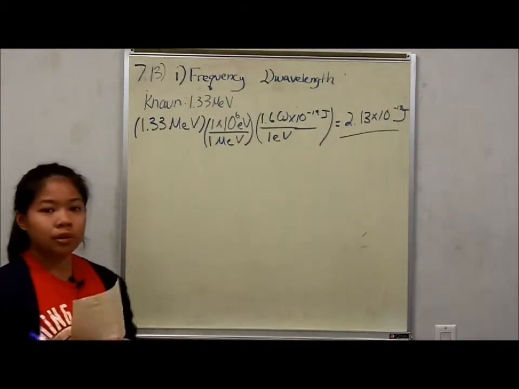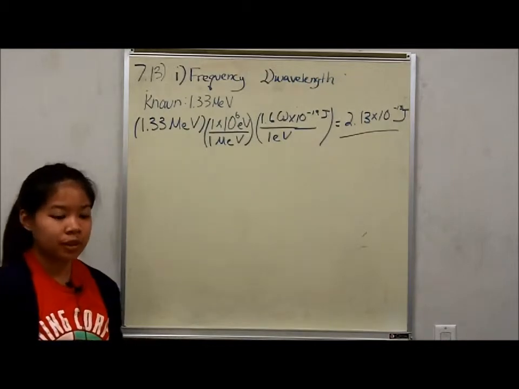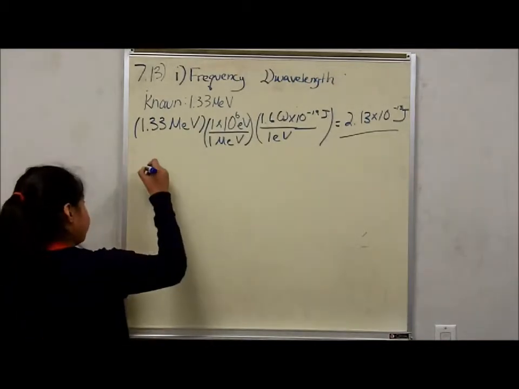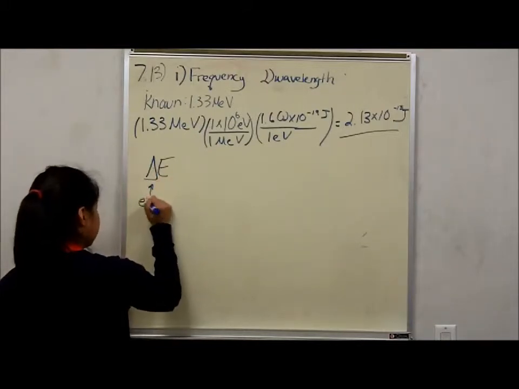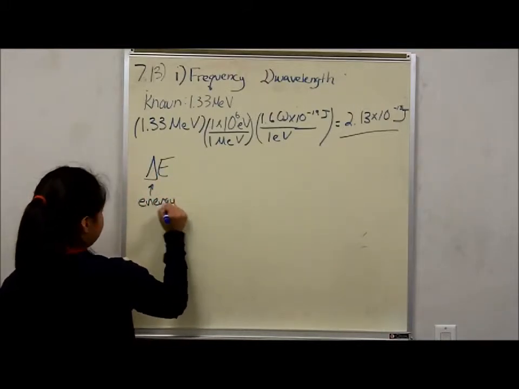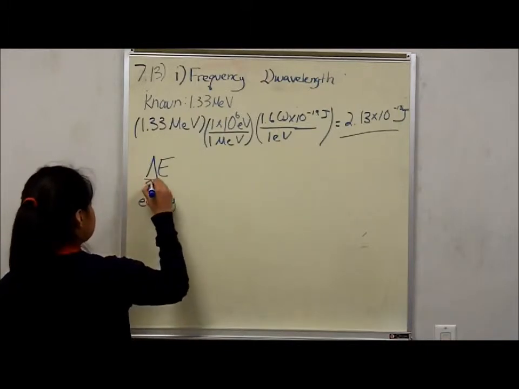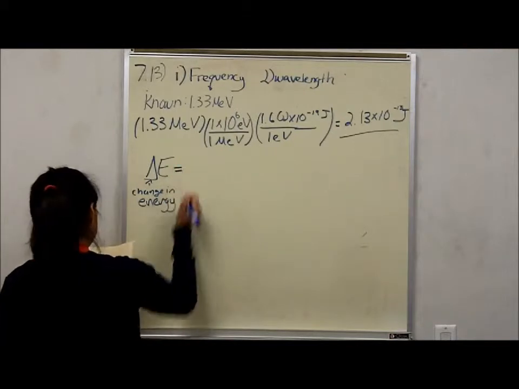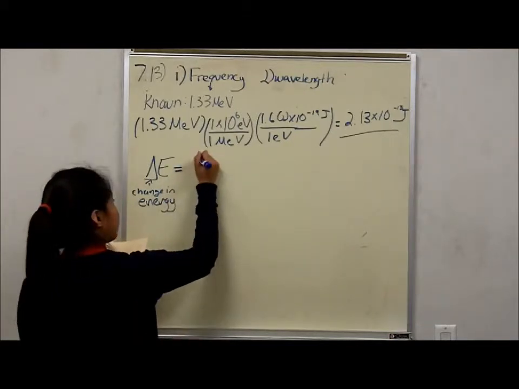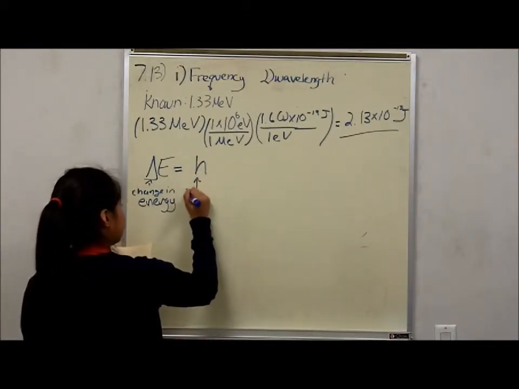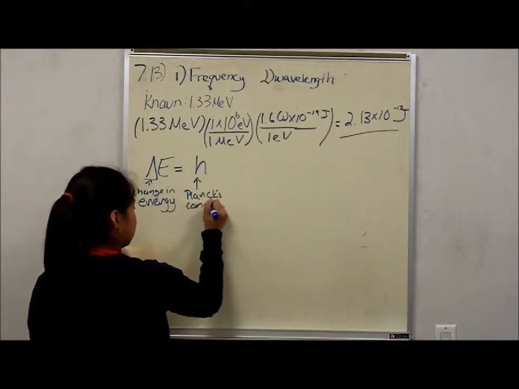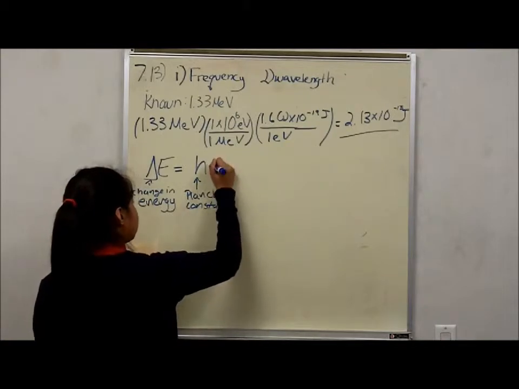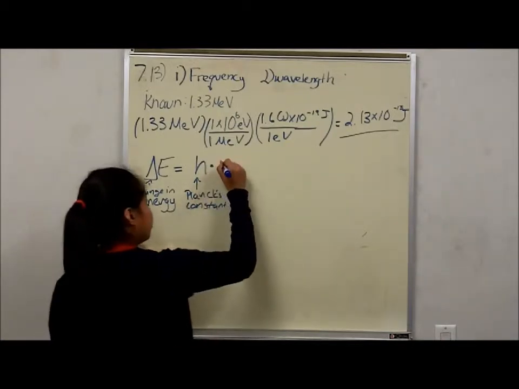In your lecture and in the textbook, they give you a simple energy equation: delta E, which is the change in energy, because the delta really means change, equals h, which is Planck's constant, which I think is something you have to memorize for your test, multiplied by nu.